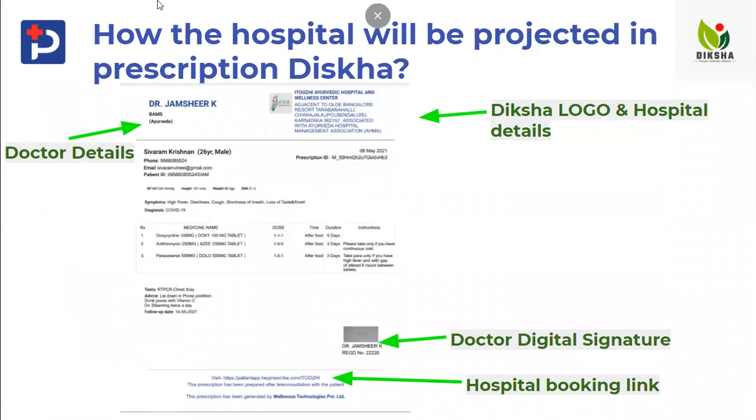We are asking these details to show on the prescription pad: your hospital details, doctor details, signature and registration number. These are the basic details we are asking for you to show to the patient.